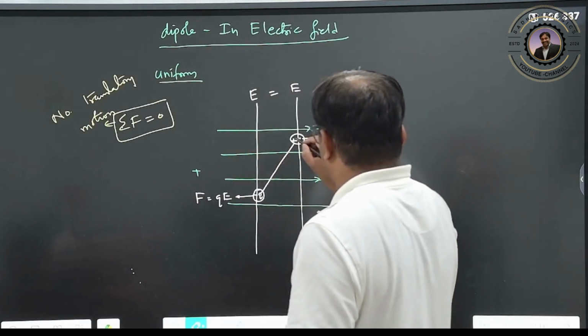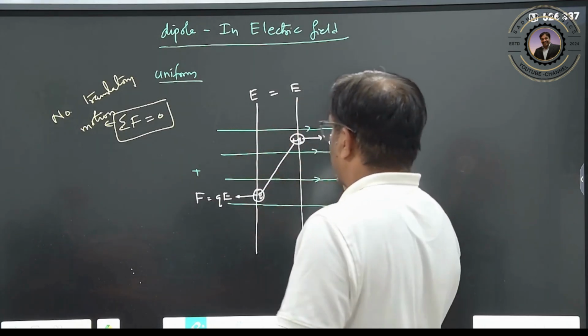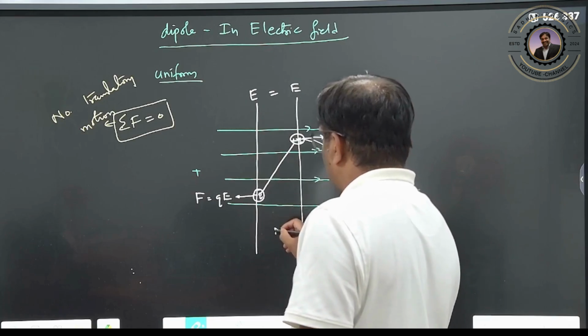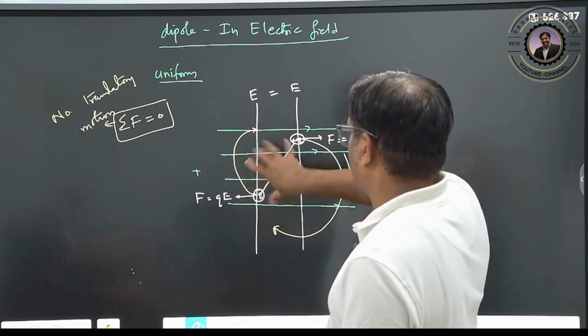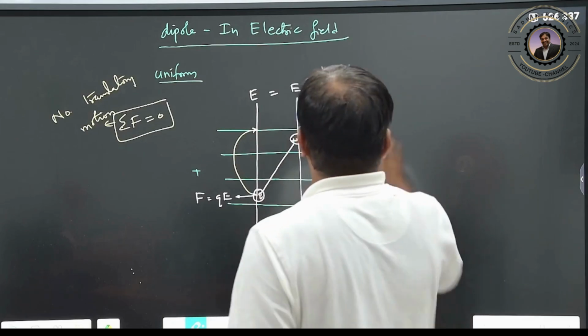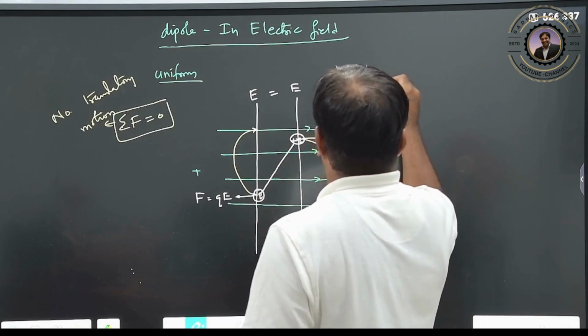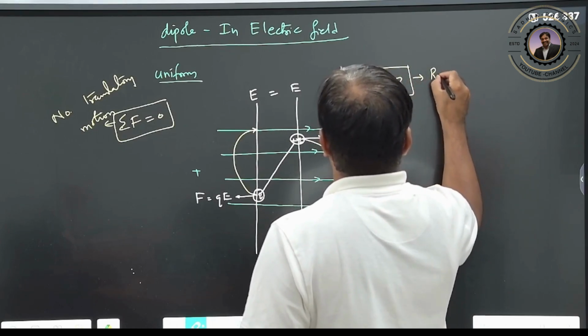Why? Because this side it is making the dipole rotate like this, and this side it is also making it rotate like this. Both the torques are acting in the same direction. So the net torque will not be equal to 0, and therefore it will undergo rotational motion.